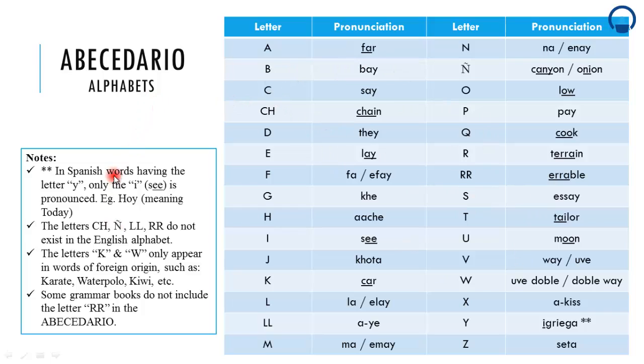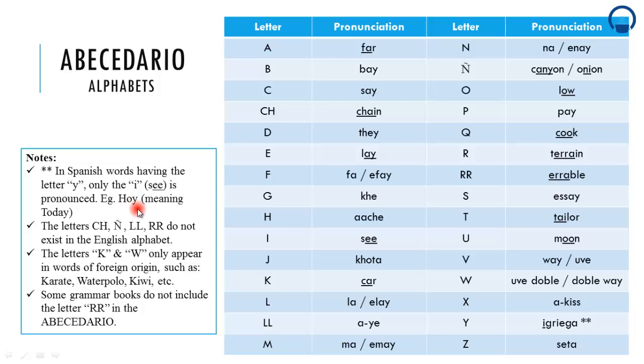Now note these 4 points. The first point is about the letter Y in Spanish, which is pronounced as Y. But when it is used in words, it is not pronounced as Y. It is just pronounced as E, same as the letter I. So for example, HOY is Oi.